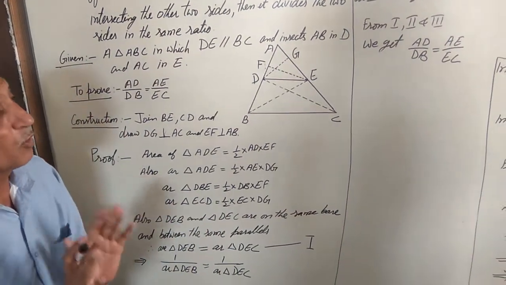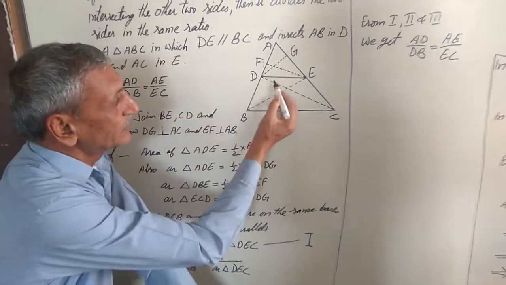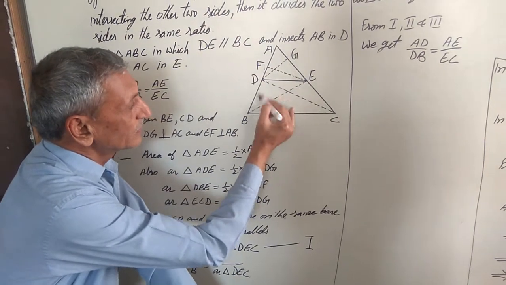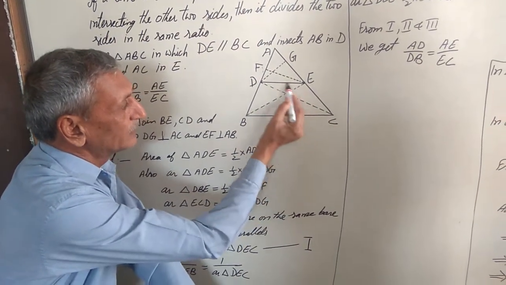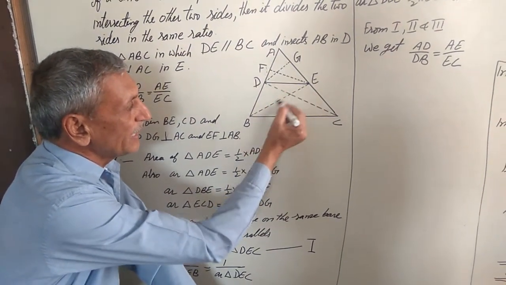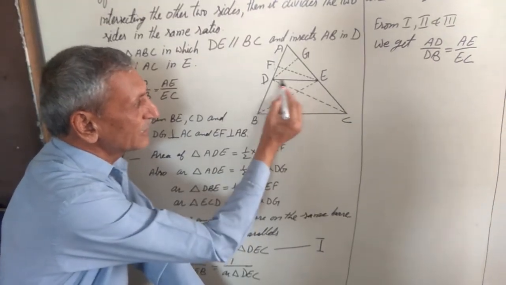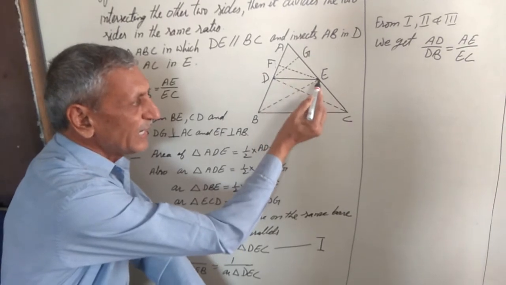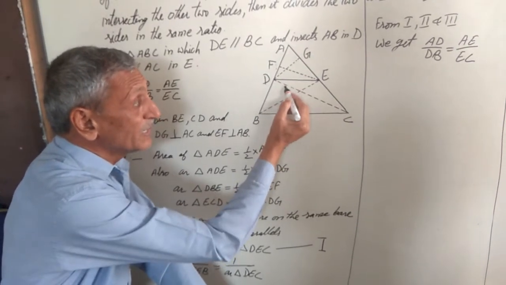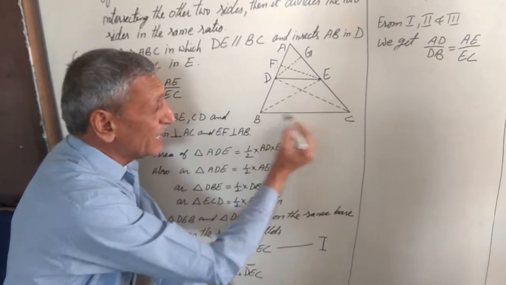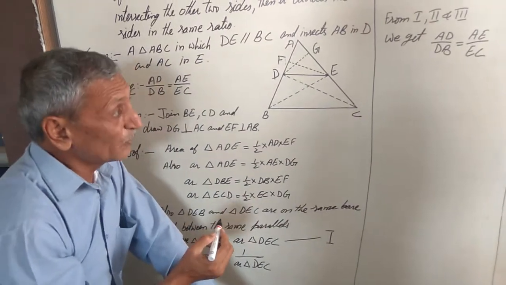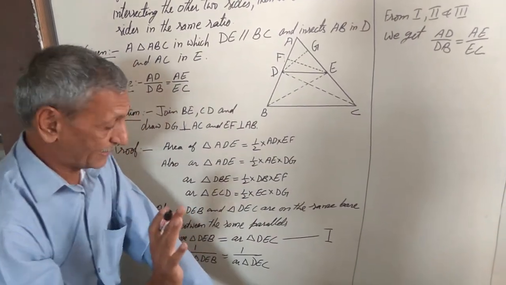See, there is one more fact, that triangle DEB and triangle DEC are on the same base DE and they are between the same parallels DE and BC. Therefore, they are equal in areas.